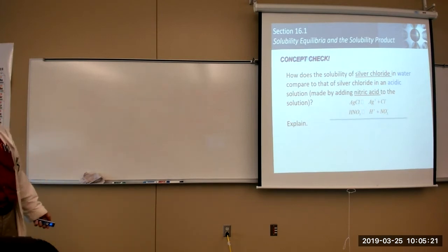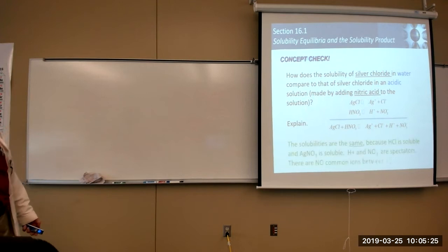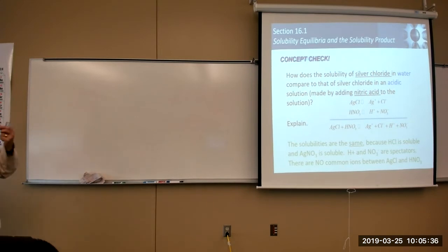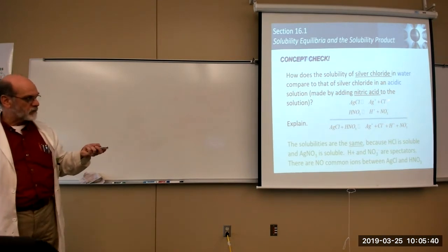There are no common ions. Okay? If we had used silver chloride, like we did in our lab, then chloride is a common ion, and it would have an influence on that.